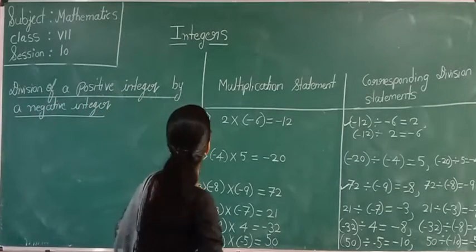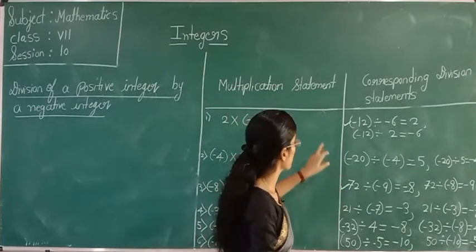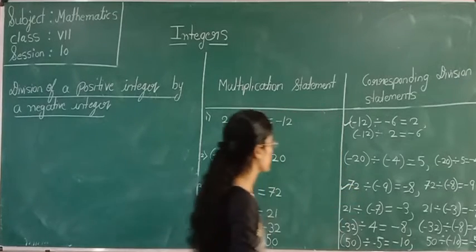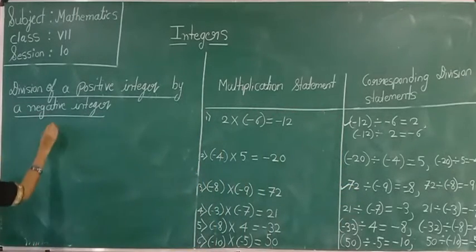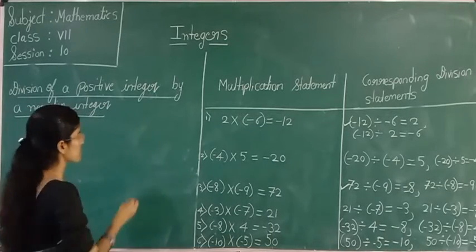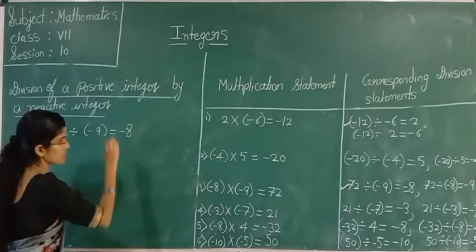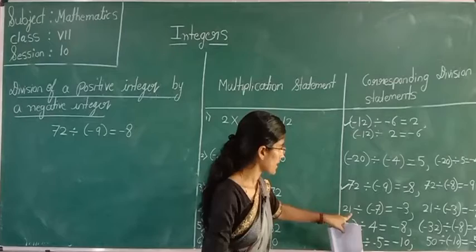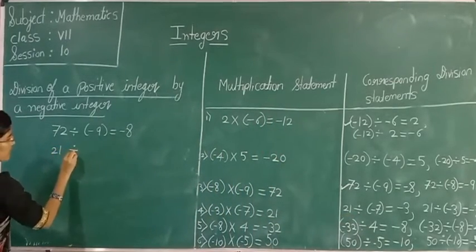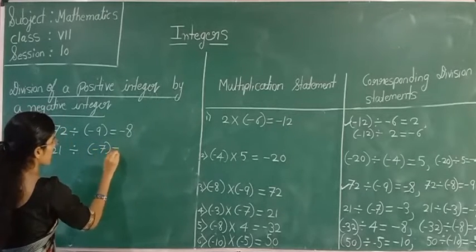Now see here, from this table, a positive integer by a negative integer, that is 72 divided by minus 9 is equal to minus 8. Again, 21 divided by minus 7 is equal to minus 3.